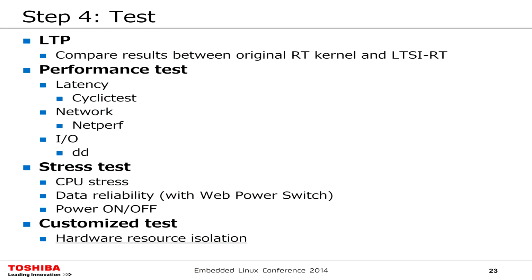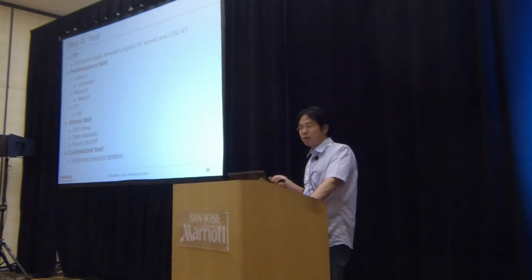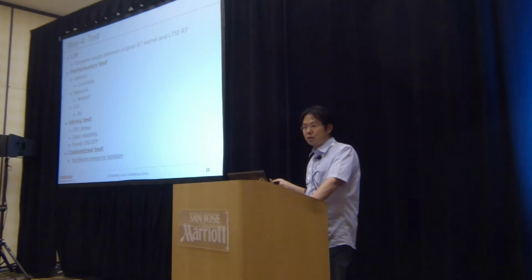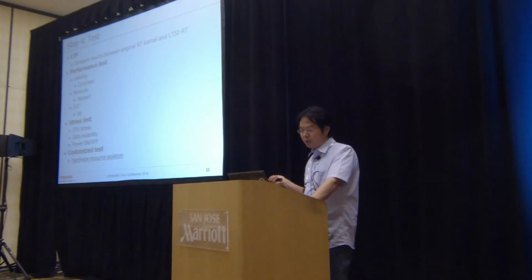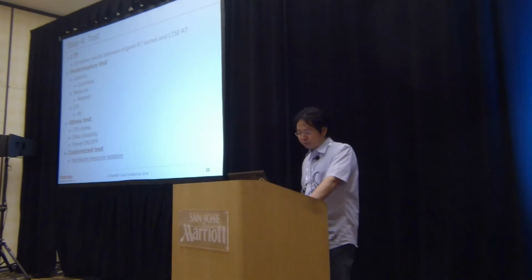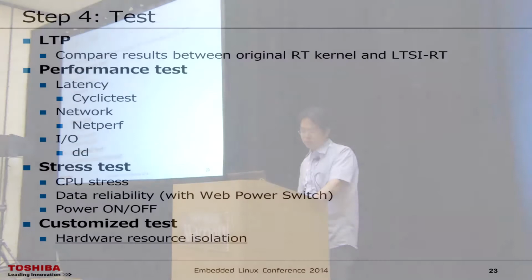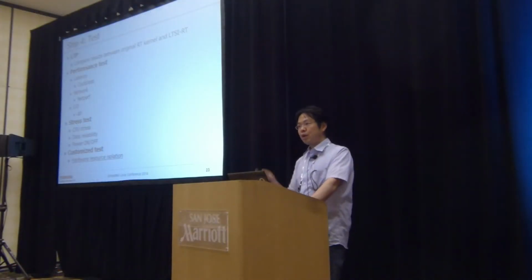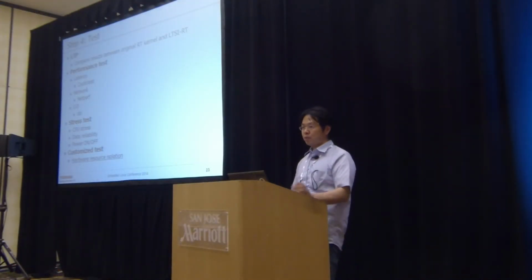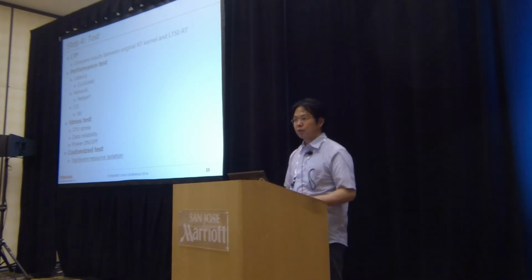The data reliability test checks whether data is okay if a power failure occurs while accessing it. We are also evaluating that, and also power on and off tests. And currently, we are also focusing on hardware resource isolation tests to put the real-time and general-purpose worlds into one board.